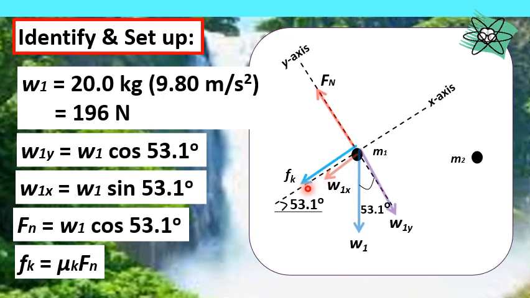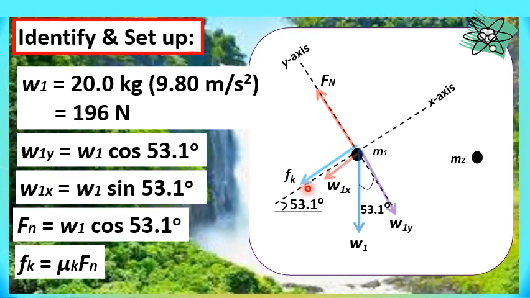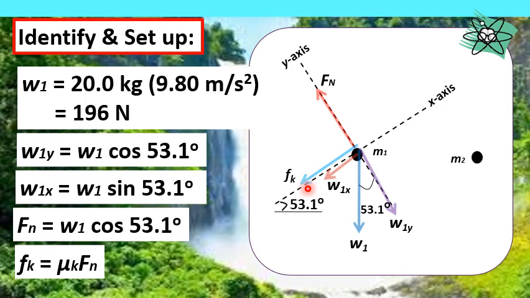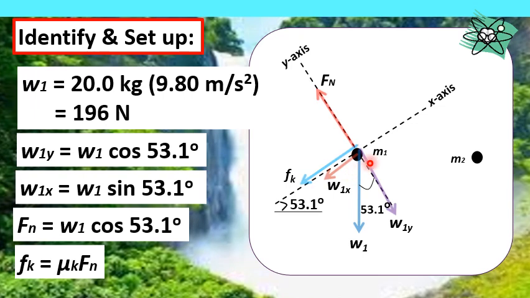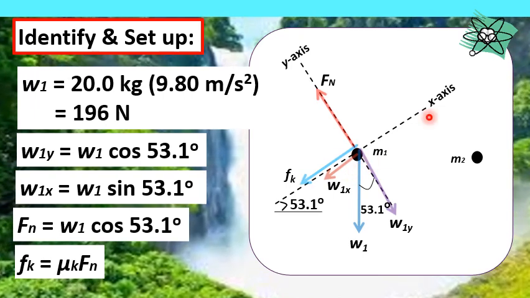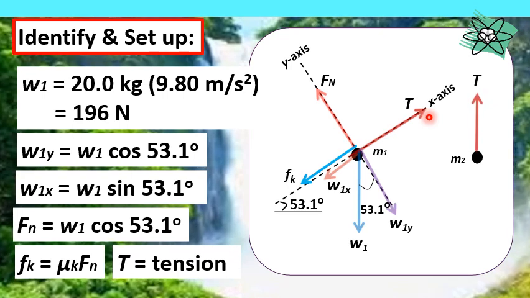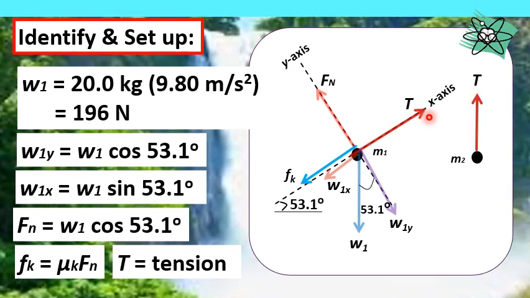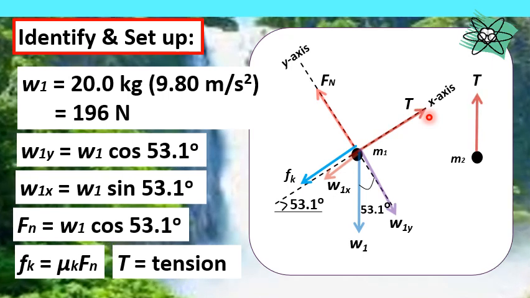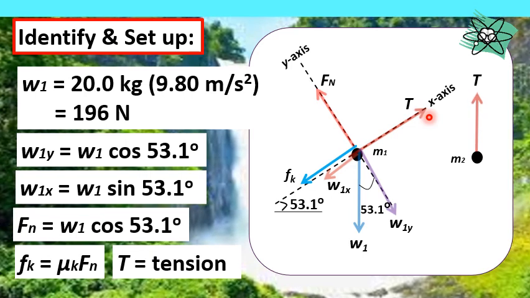And lastly, we have the tension force denoted by capital T. This is the force of the rope pulling the mass M1 up the incline. Right? And similarly, we also identify and label the two vertical forces acting on the mass M2.